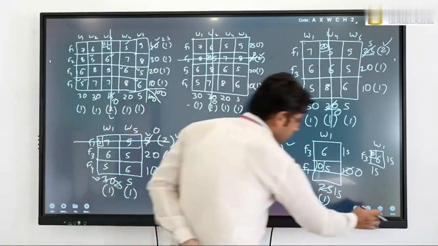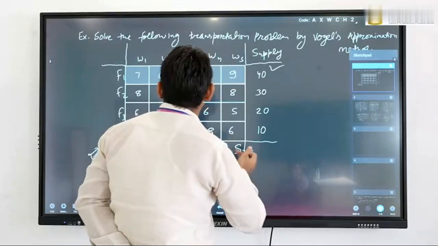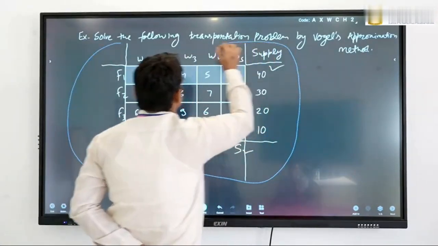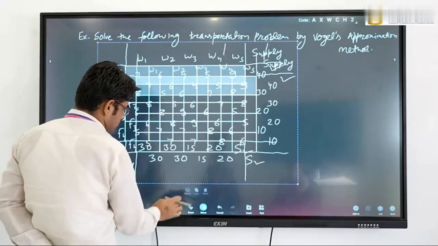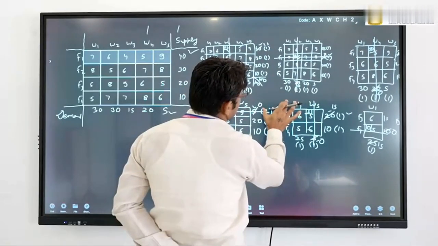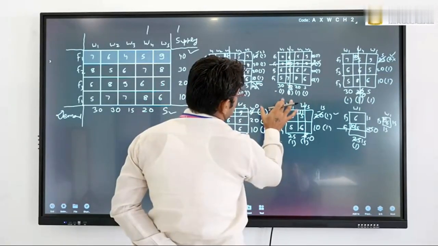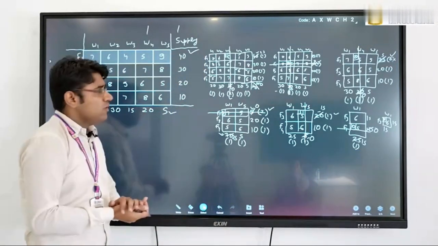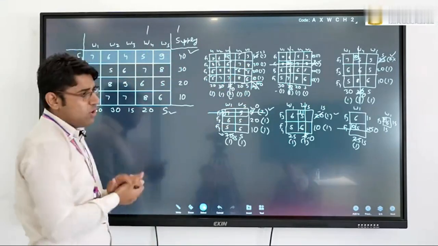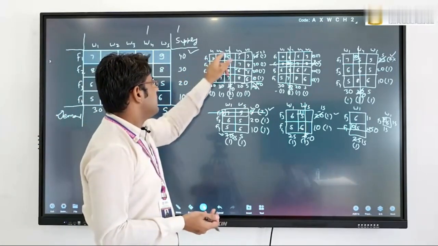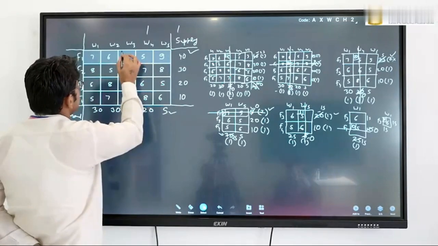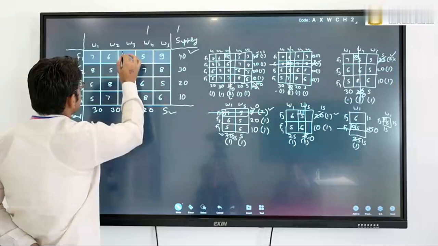So here the original table is, now with the help of these allocations, allocate all allocations in the original table. Here in F1 and W3 allocate 15.